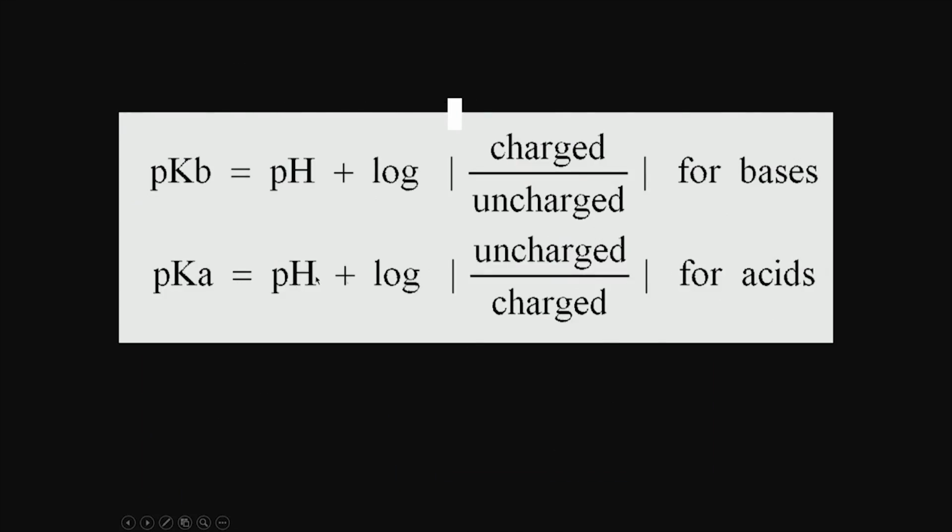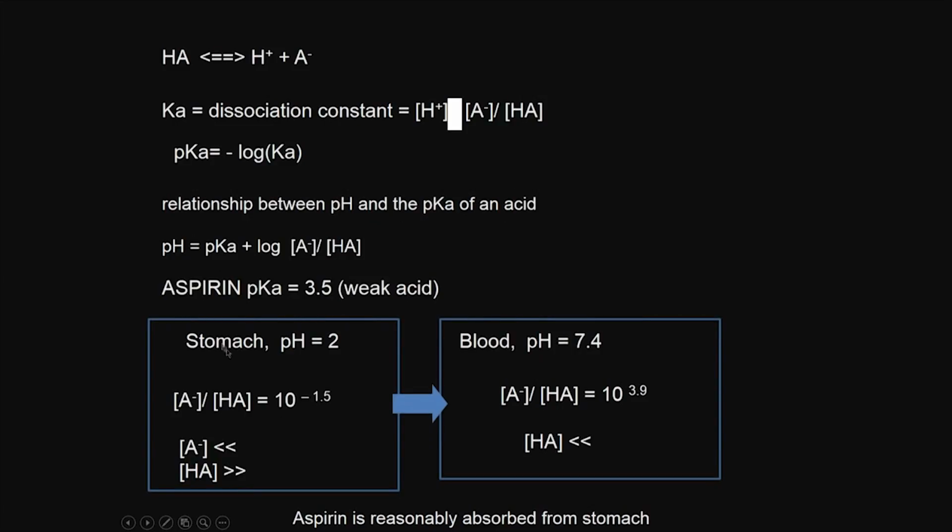So pKa is pH plus log of uncharged by charged for acids, whereas pKb is equal to pH plus log of charged by uncharged for bases. So we used this formula here. Okay, pH is 2, so we use this formula.